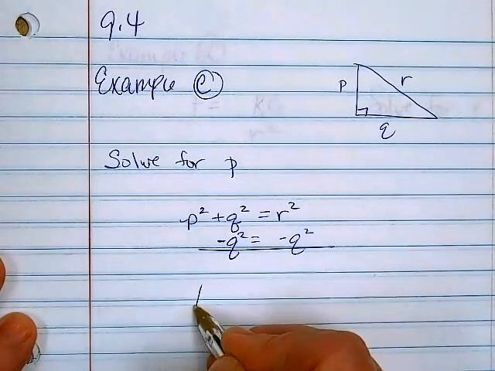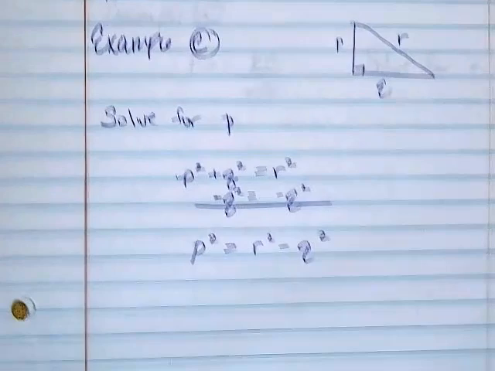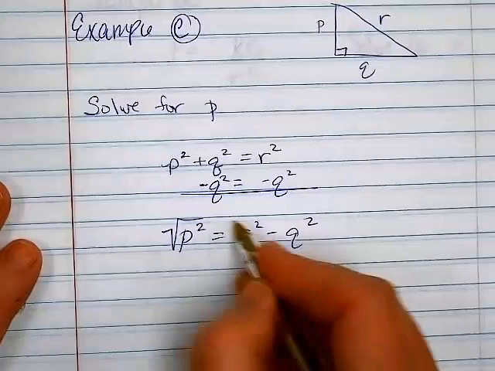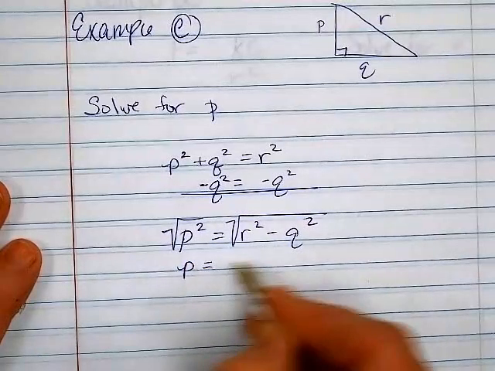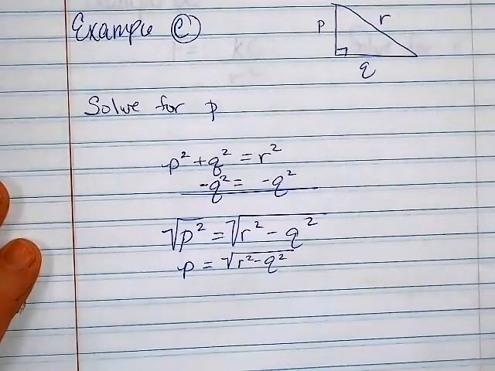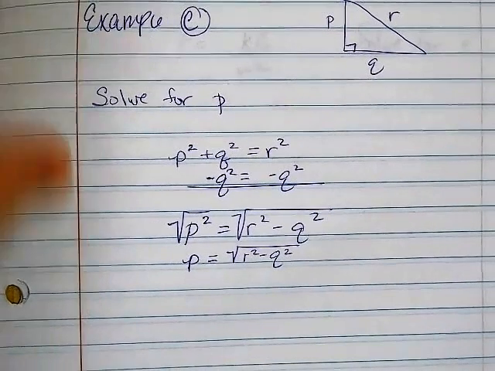It now says P squared equals R squared minus Q squared. Now I will isolate the P by taking the square root. So P is equal to the square root of R squared minus Q squared. Since P is a length or measure on a triangle, it's going to be positive, so I don't have to put the plus or minus in front of the square root symbol.